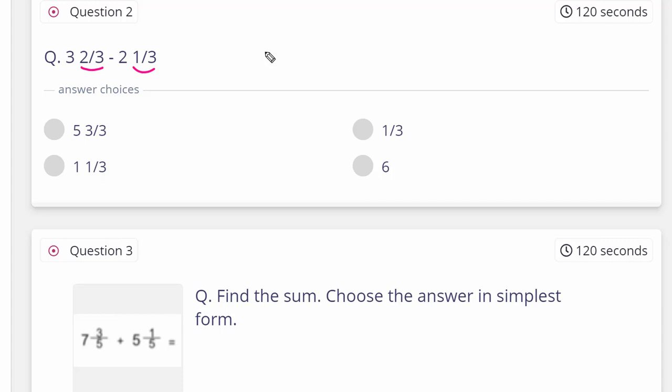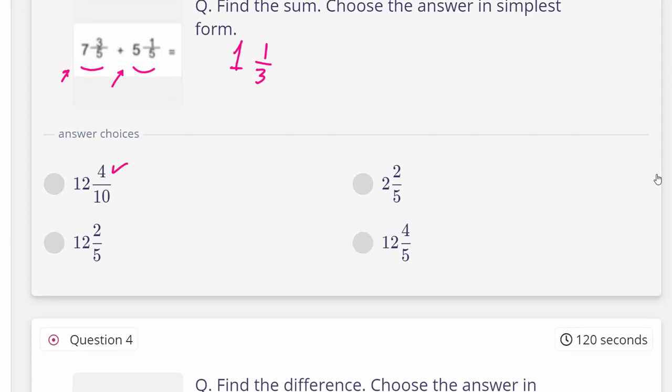One what? 1/3. And the whole numbers? 3 minus 2 equals 1. So the correct choice is 1 and 1/3, not over.